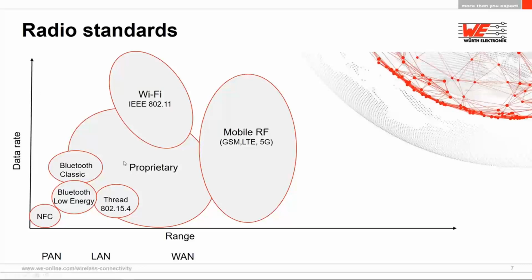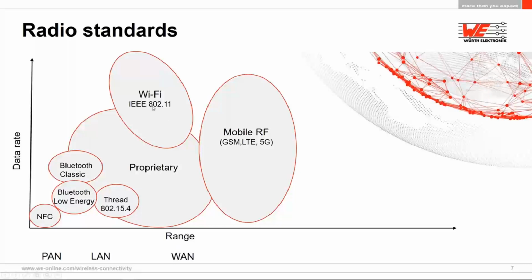One of the bigger packages is our proprietary radio module, mostly on 868, but also on 169 and 433 megahertz, and 2.4 gigahertz. As you can see, the range is always a trade-off against data rate. If you want to send a higher data rate, you'd invariably have to forfeit some range and vice versa.